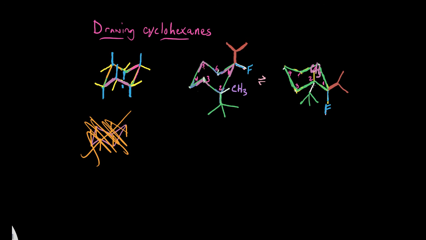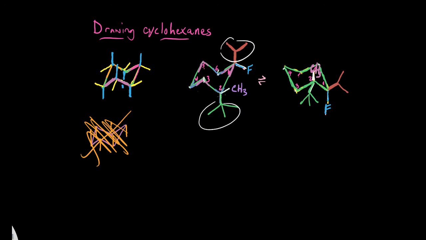now the other question you'll often encounter here is which one of these is more stable, or which side of the equilibrium predominates here? And the answer has to do with where are the large substituents, or you want to minimize the amount of steric bulk that's in the axial position.